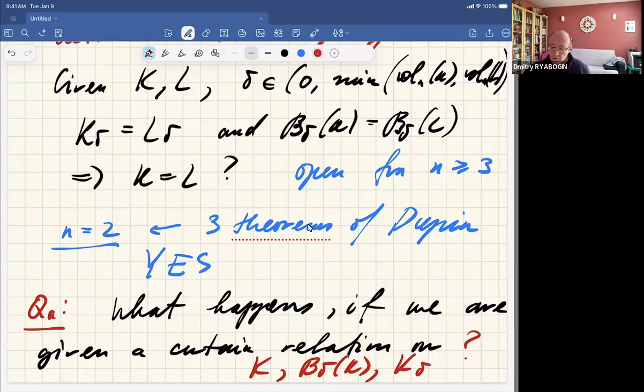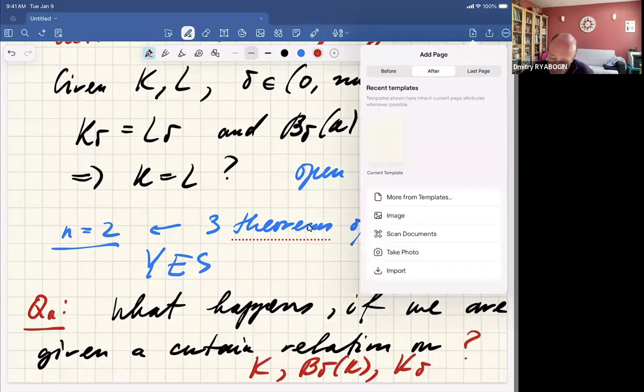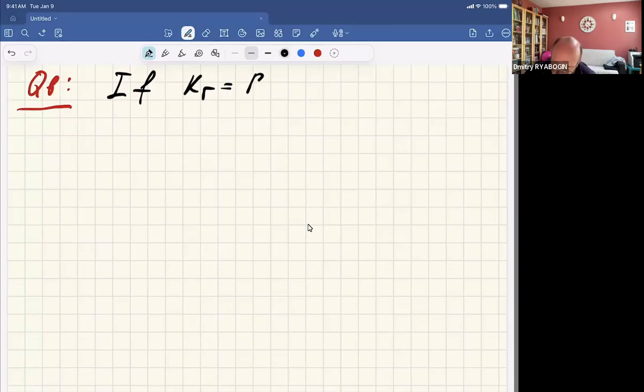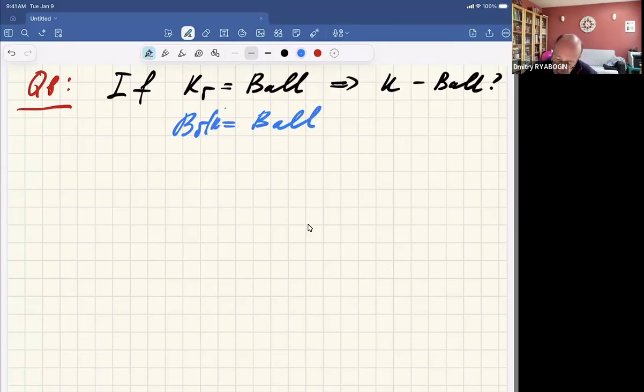Or maybe some conditions on the surfaces, and some particular cases. Question number B. A particular case is, for example, the simplest case: if K delta is the Euclidean ball, does it follow that K is the ball? Or a similar question: if B delta of K is the ball, does it follow that K is the ball?